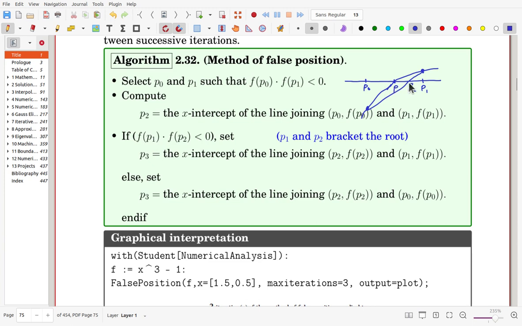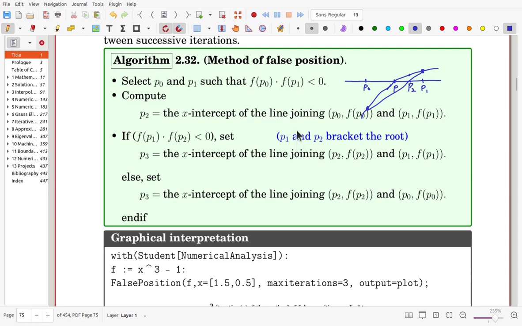In this picture, f of P1 is positive and f of P2 is positive, so the condition is not satisfied. That means that p is not between P1 and P2, so we ignore that.